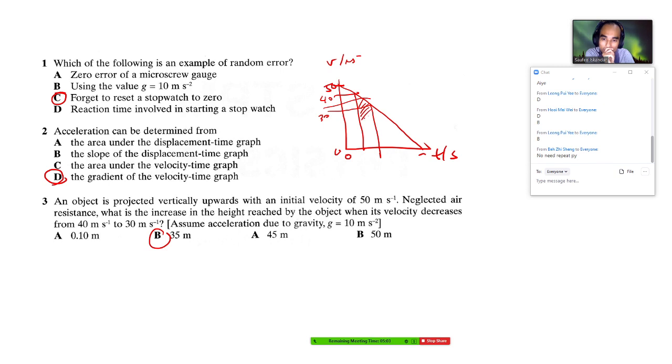So you can get the area on the graph. Or you can use v squared equals u squared plus 2as. v is 30 squared, u is 40 squared, and 2 times negative 10, right? Negative 10, and then you have the time.